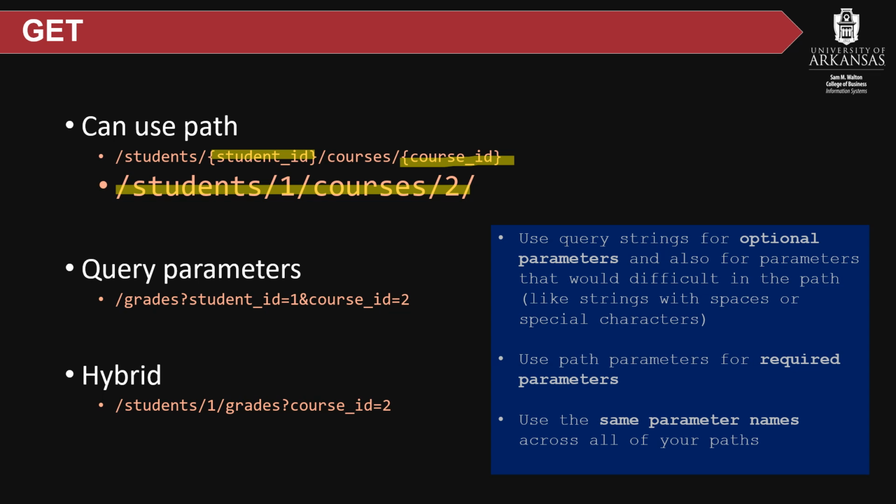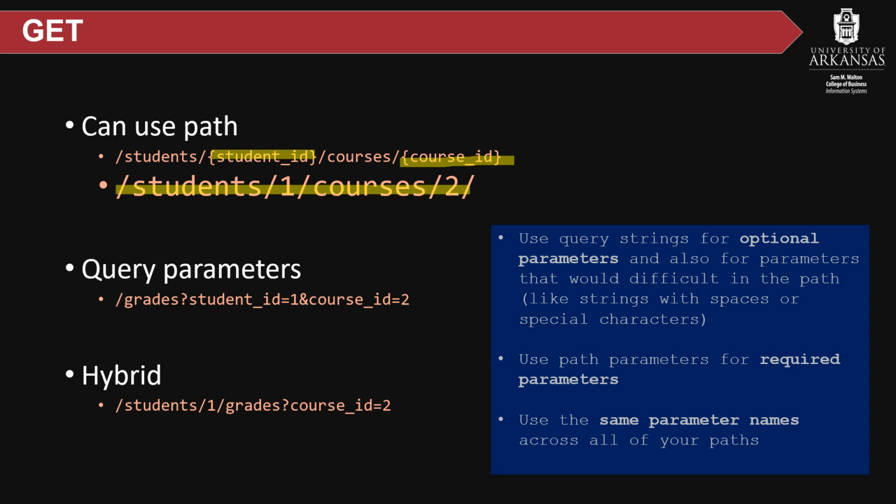Finally, we can use a combination of these two things. The path here is students, a particular student ID, grades, and then the question mark says we have query parameters. This is a course ID equal to 2.